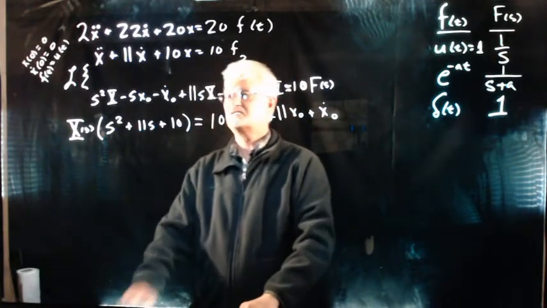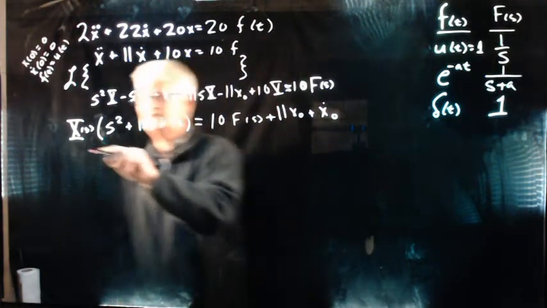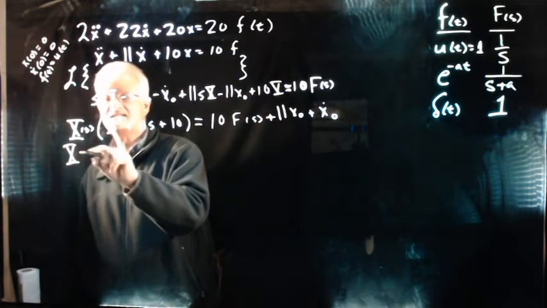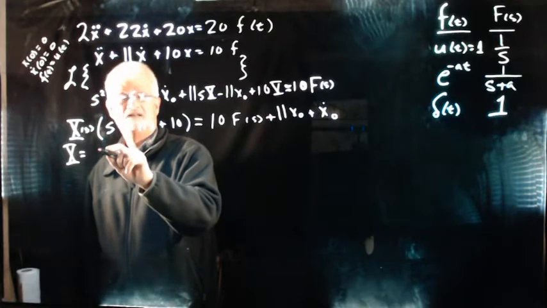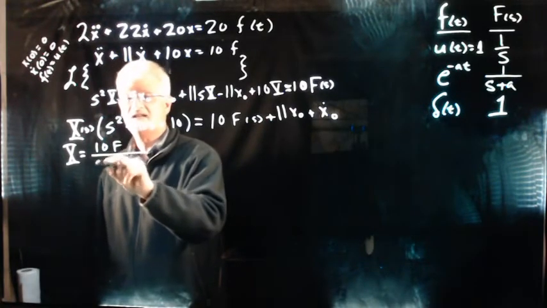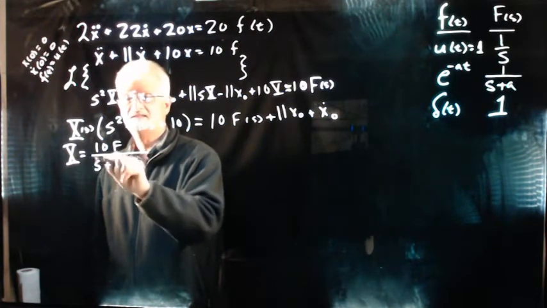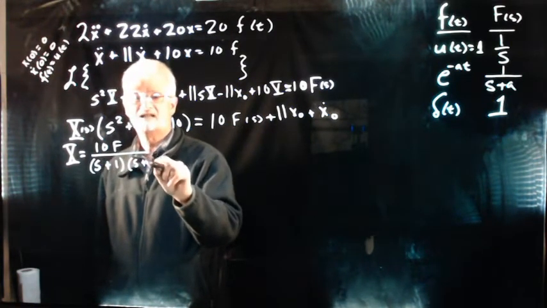Right? So let's do one more. X is equal to, so this is 10f over s plus 1, s plus 10.